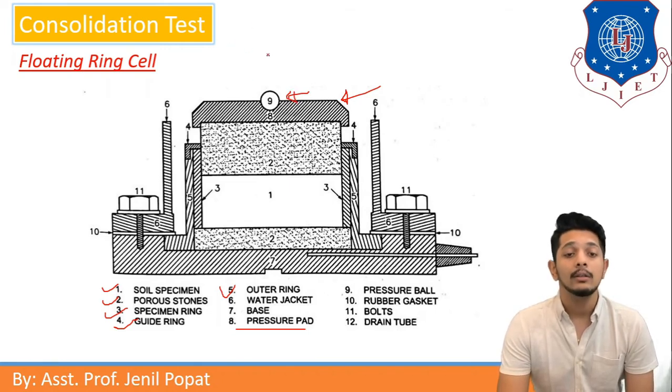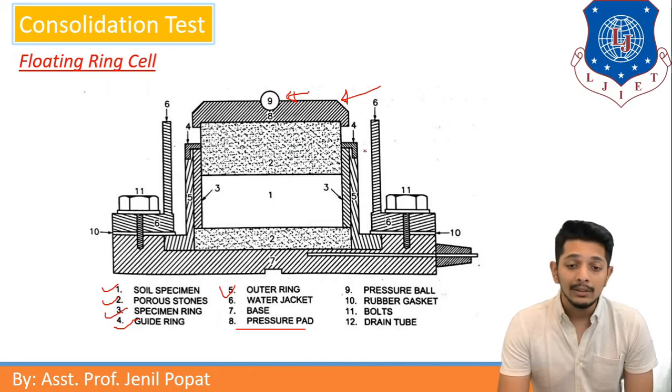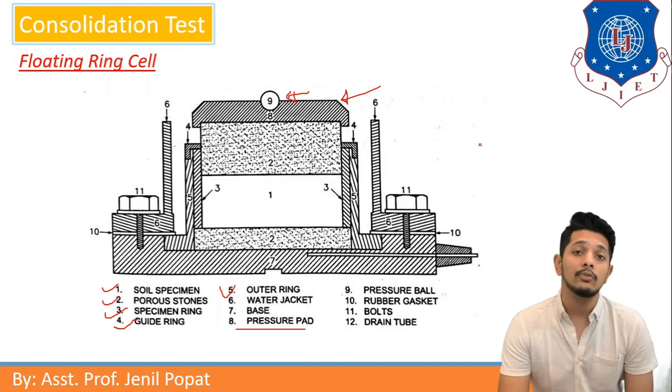From that ball the load is given so that the axial loading can be applied. Furthermore, rubber gaskets, bolts and drainage tubes are also provided in floating ring cells. But it is a floating ring cell because these rings are floating. Floatable rings are there. That is why it is a floating ring cell.